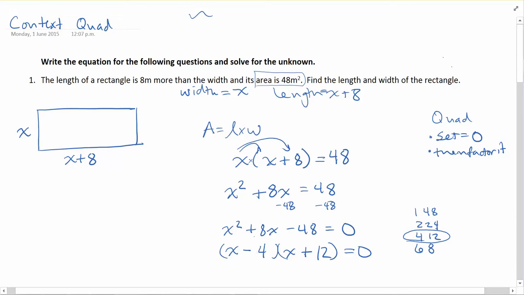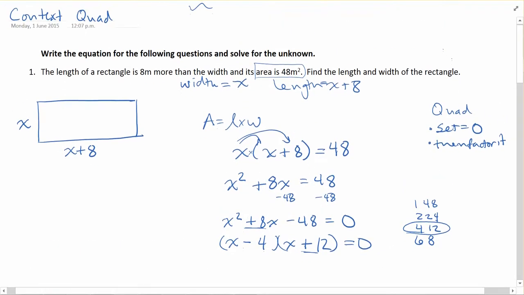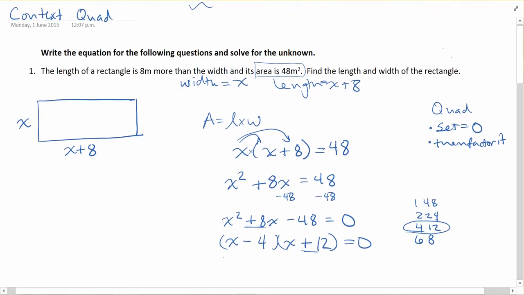And again, it's that idea that if you do have a negative and a positive in the brackets, whatever sign is in the middle of your term here, in this case positive, I want the bigger number to also be that sign, positive. So that's my factored version here, and now I need to solve these, which means I have to set both of these equal to 0. So x minus 4 is equal to 0, and x plus 12 is equal to 0. Rearranging, we get x is equal to 4, or x is equal to negative 12.